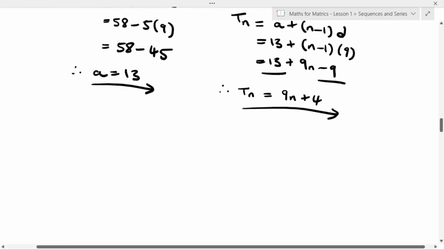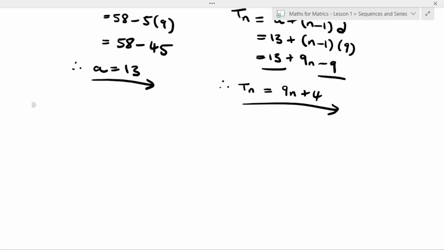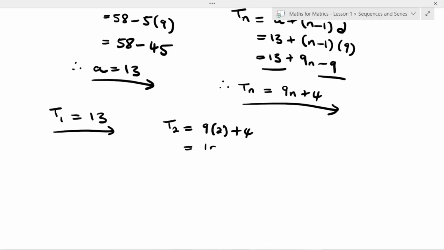Let's find the first 4 terms of our sequence by substituting our term numbers into our general term. We already know that a is equal to the first term of the sequence. Therefore, term number 1 is equal to 13. T2 is equal to 9 times 2 plus 4. 9 times 2 is 18. And 18 plus 4 is 22. T3 is equal to 9 times 3 plus 4. 9 times 3 is 27.